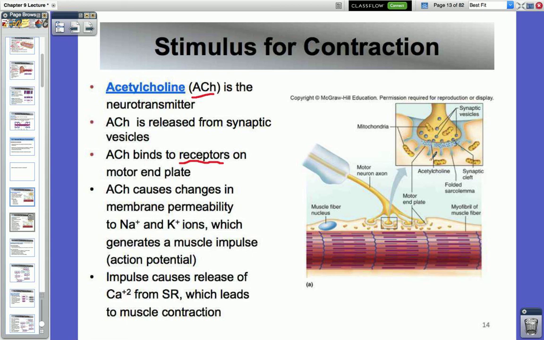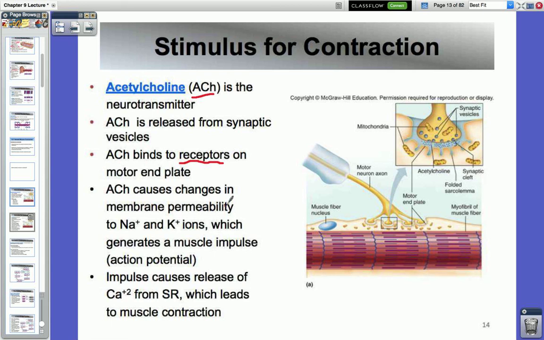the message. Once it receives that message, it's going to have a series of steps, definitely important to make sure that you know them and in order. So the first thing that happens after it has received this neurotransmitter, acetylcholine, it binds to the receptor. The next thing that's going to happen is that the permeability to sodium and potassium is going to increase.